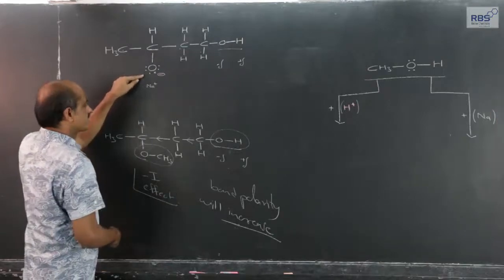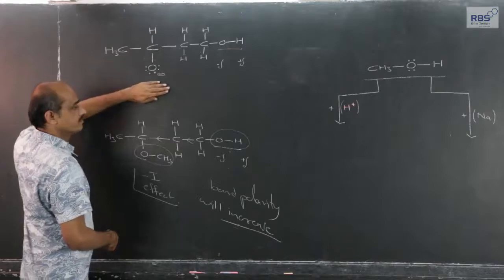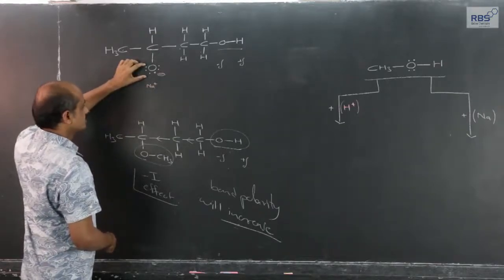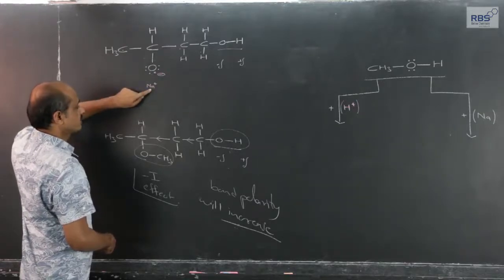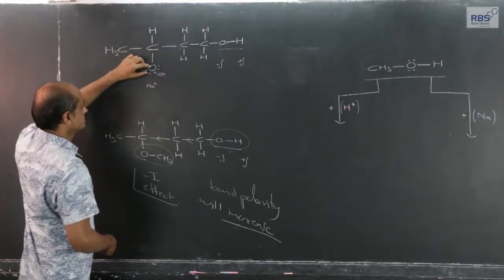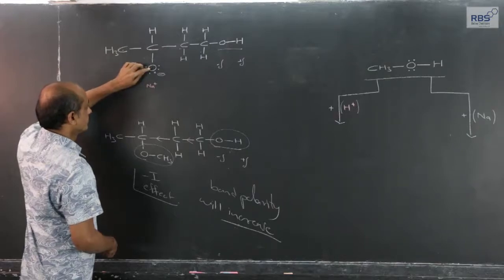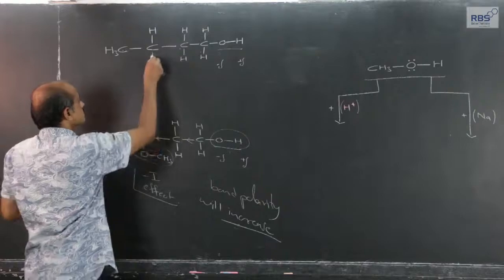As I have already explained, the alkoxide ion can be here Na plus, K plus, any other ion. Negatively charged oxygen, octet is complete, negative charge, one extra electron of other element, and because of that this oxygen has more electron density, and therefore this oxygen has a tendency to release electron density.